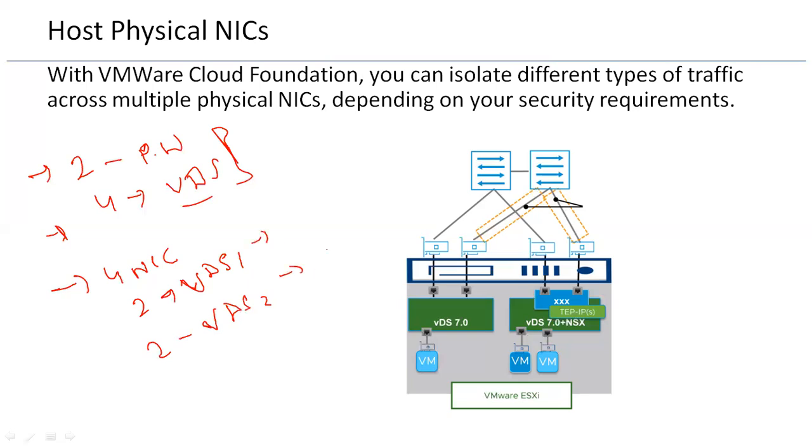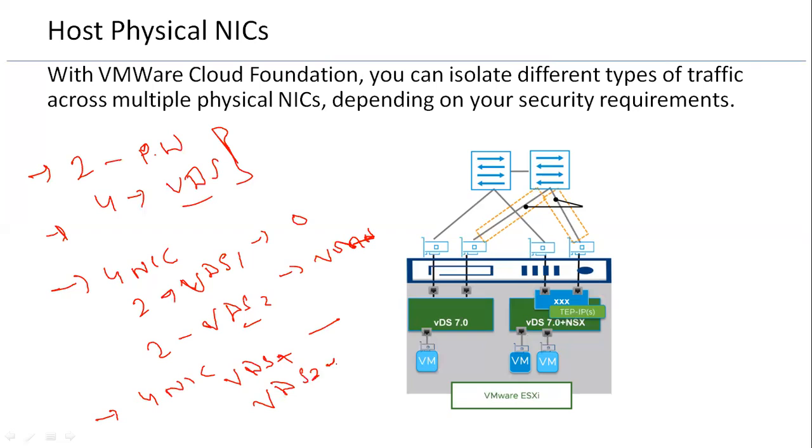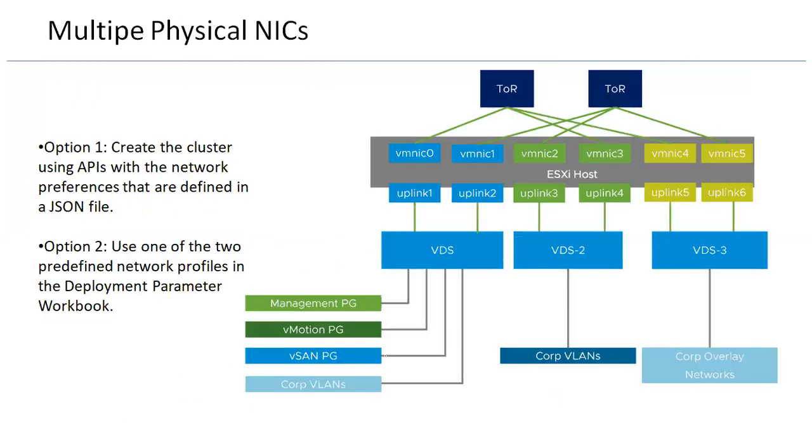VDS2 will take care of the vSAN part, and the rest of the traffic will be taken care of by VDS1. Or with a 4 NIC configuration and 2 VDS, VDS1 will take care of management, vSAN and vMotion traffic, whereas VDS2 will take care of overlay traffic. It's as per your design, how you want to go with your environment.